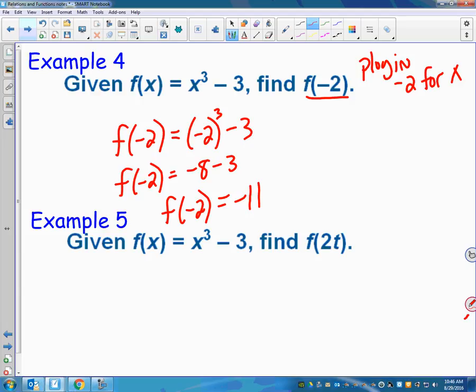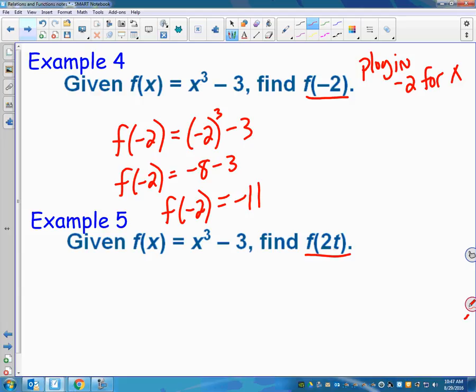Austin, you have a question? So how can we raise the bar a little bit and do something more complicated? What if I gave you a letter instead of a number to plug in? Look at this one. Same equation, but now I want you to find f of 2t. Well, 2t is not going to give me just a number.